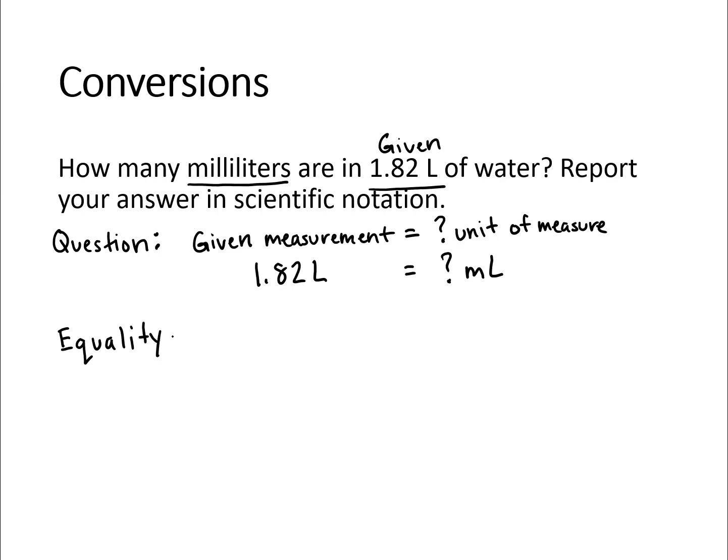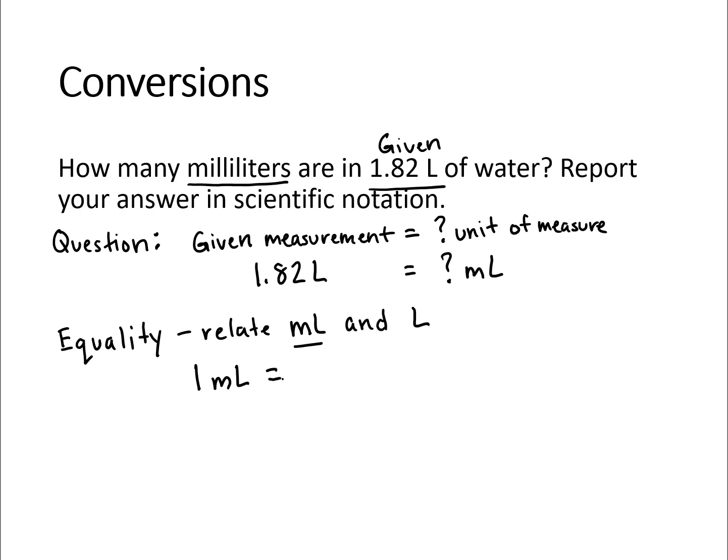Now we've got to write an equality, and we need to relate milliliters and liters. If we're starting with the one with the prefix, that's the easiest way to do it. You start by saying, I have one of these. I've got 1 milliliter.